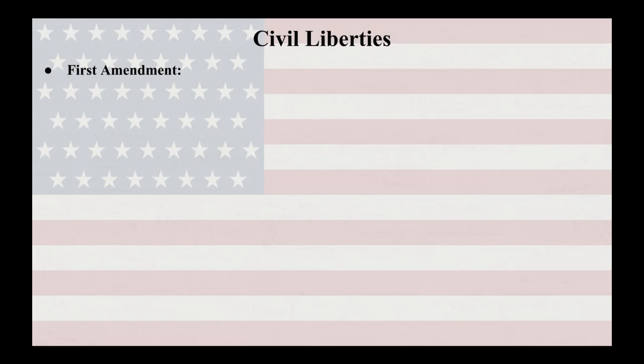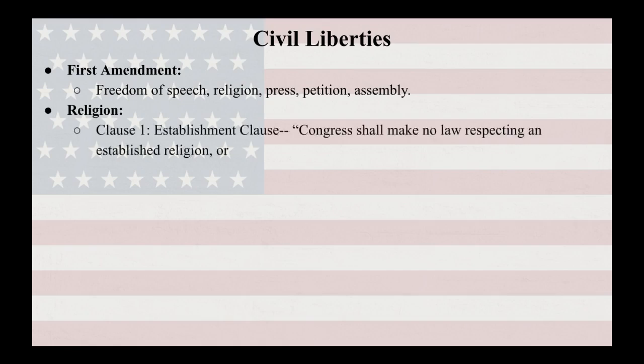And so if we look at this First Amendment, if you know anything about the Constitution, we know that the First Amendment is the freedom of speech, religion, press, petition, and assembly. And so we are going to begin by looking at the religion aspect of this First Amendment. There are two clauses to the religion aspect of the First Amendment. There's clause number 1, which is known as the Establishment Clause.